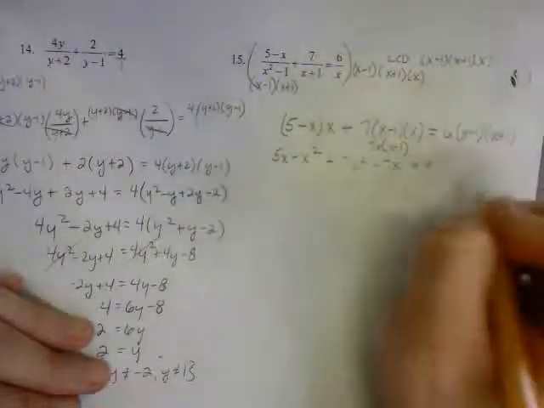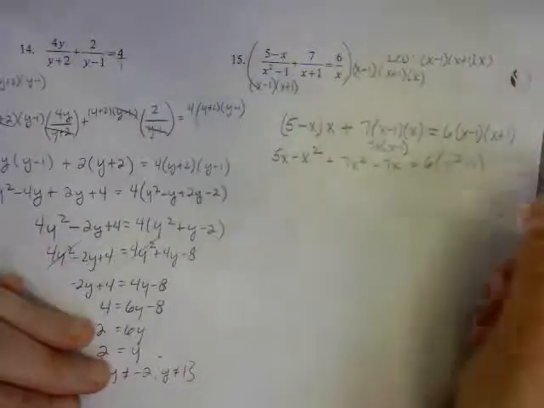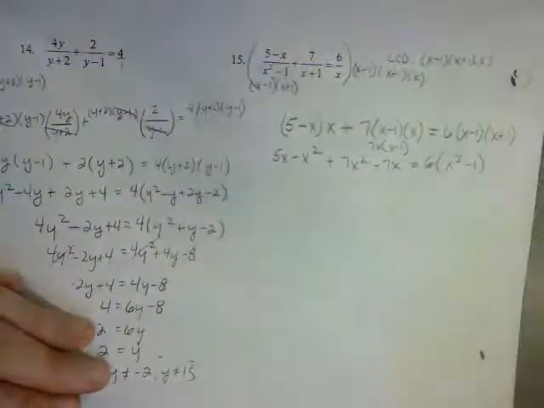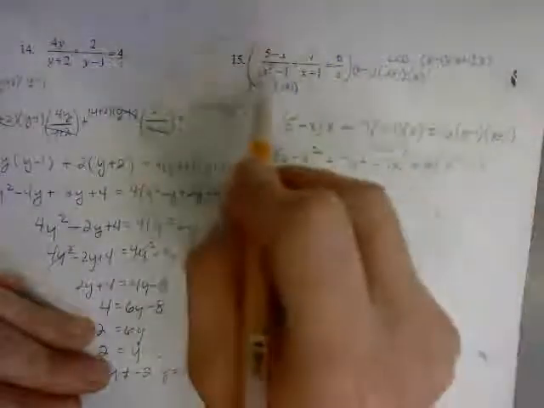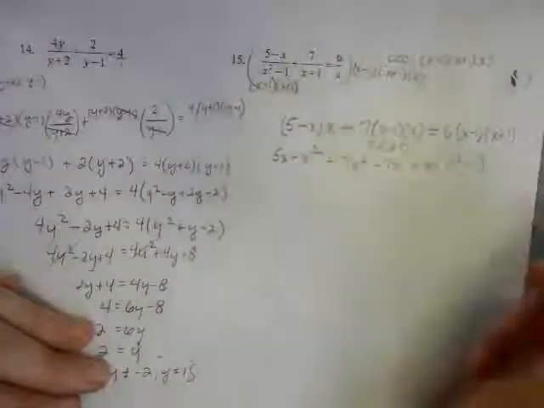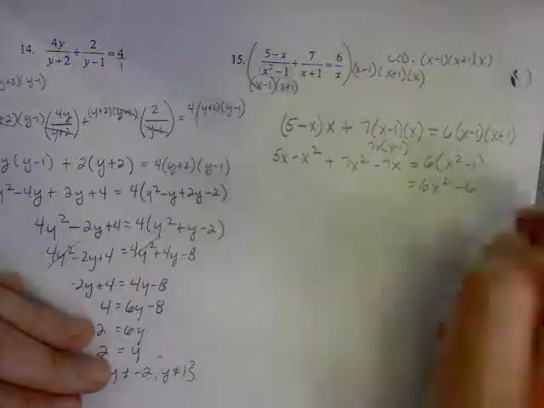And then I can do the difference of squares here, which is x squared minus 1. If you don't remember how to do that quickly, it's just this expression right here, because these were the factors of x squared minus 1. And then I can distribute my 6x squared minus 6.